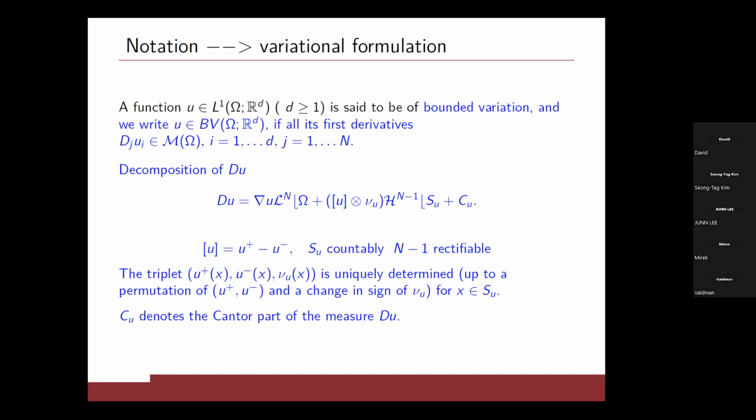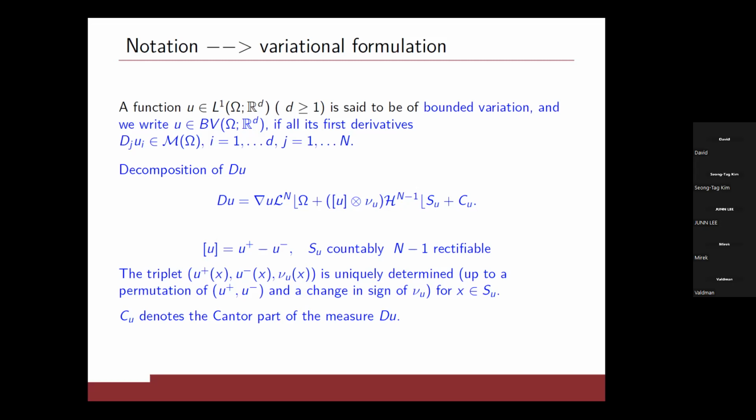So I will denote by u my field, which is in BV of omega and R^d, and then I will use the following decomposition that was somehow hidden in what I was already saying before.